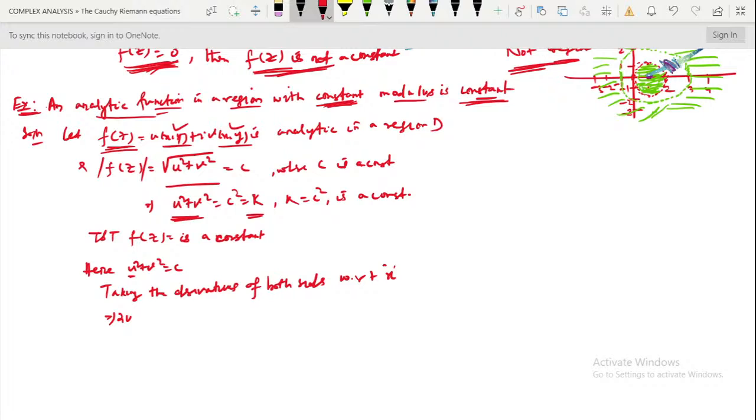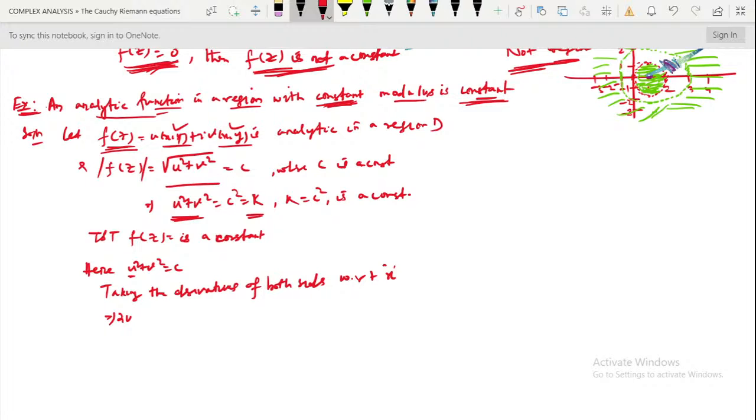Again, similarly, I will take the derivative of both sides with respect to y. So this is 2u uy plus 2v vy equals 0, which is u uy plus v vy equals 0, cancelling the 2 on both sides. So this is my equation 1 and this is my equation 2.